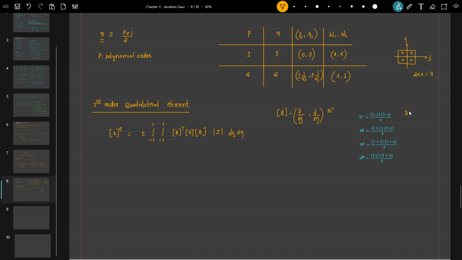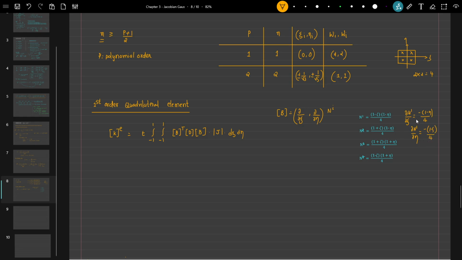So let me write here, if we take dou n1 by dou zeta, we get (1 minus eta) by 4. Similarly, when we take dou n1 by dou eta, we'll get minus (1 minus zeta) by 4.